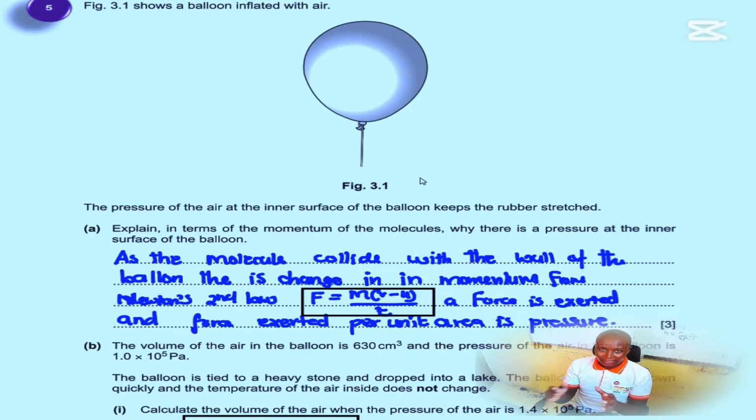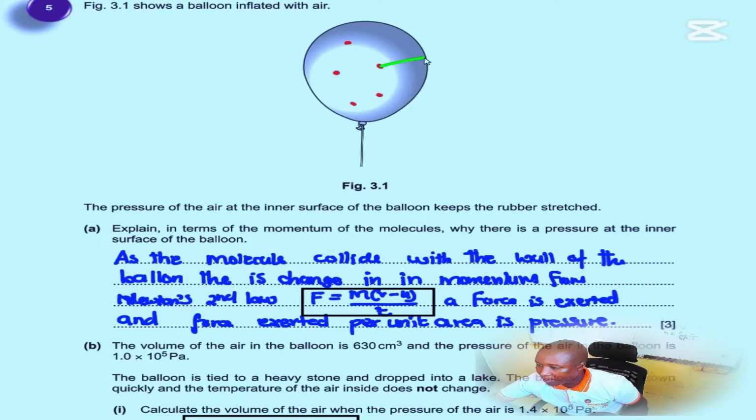According to the kinetic theory of matter, air particles are in continuous random motion. The particles in this balloon move in a random zigzag manner, colliding with the walls of the container.